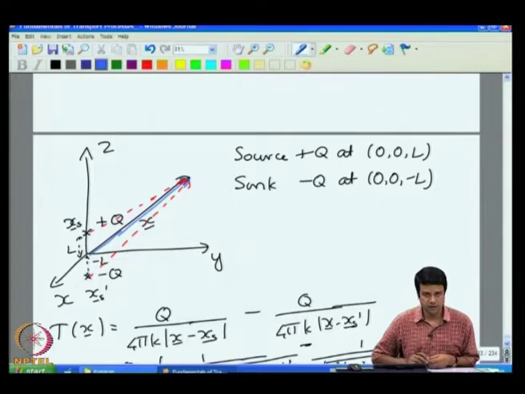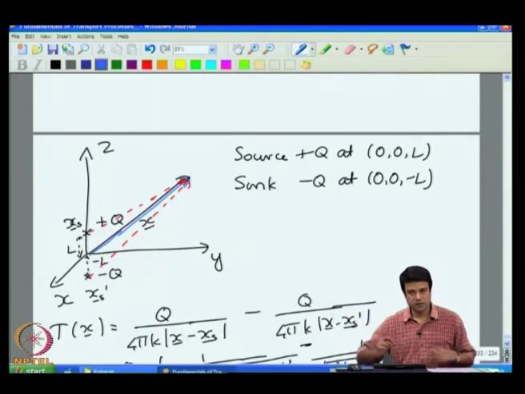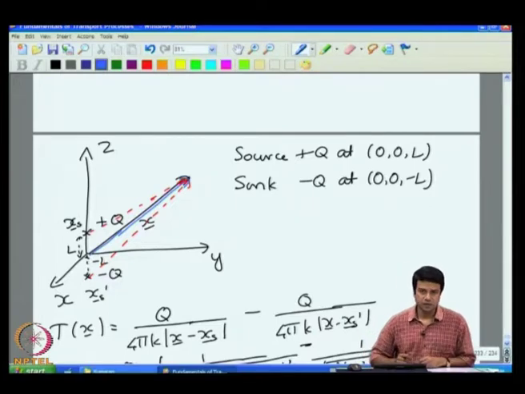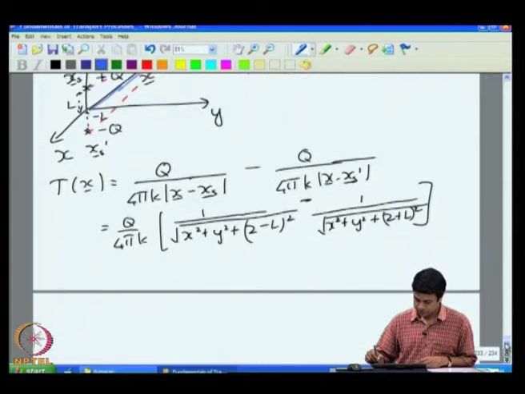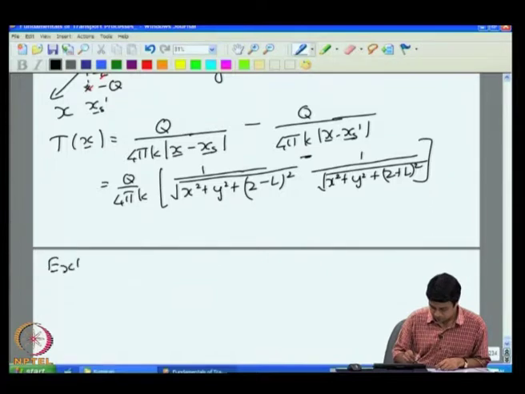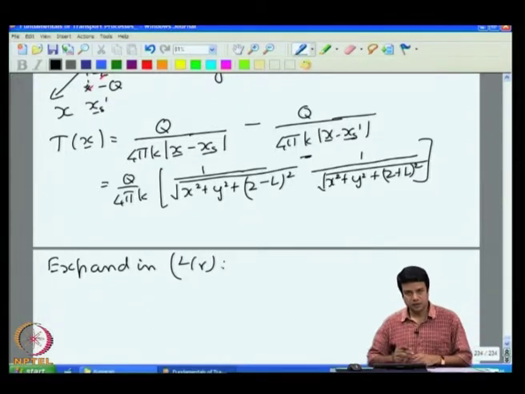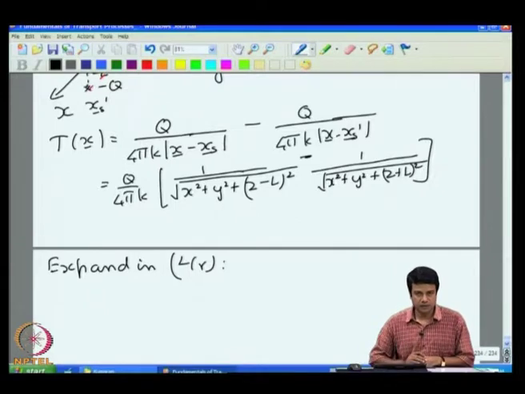So, let us take the case where the distance of the observation point is large compared to the separation between the source and the sink. In that case, I can expand in L over r. That is when the distance r from the origin is large compared to the distance between the source and the sink.